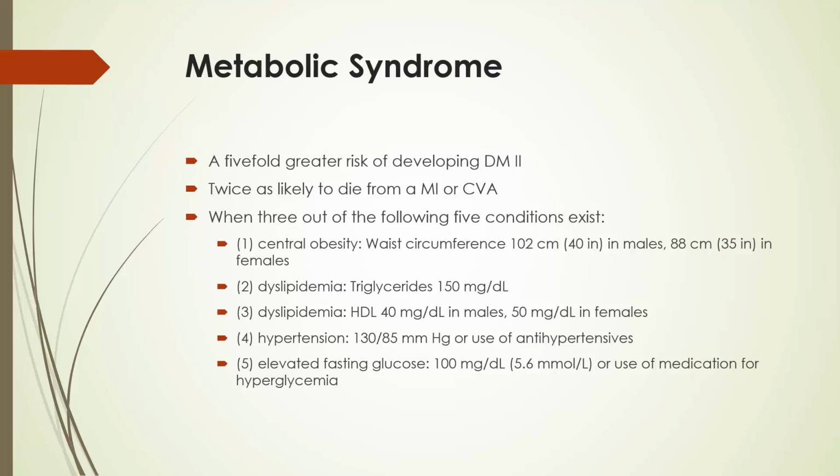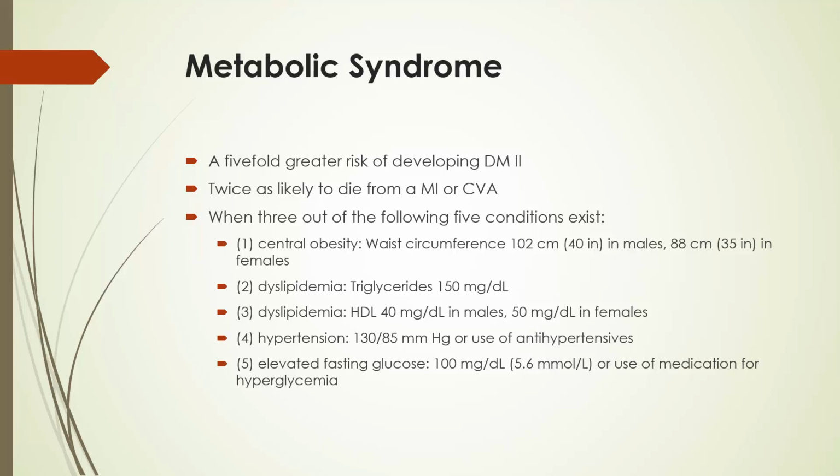There are several diagnostic guidelines for metabolic syndrome, and the most widely used one is from the 2004 National Cholesterol Education Program and the American Heart Association, which defines metabolic syndrome with 3 out of the following 5 conditions.